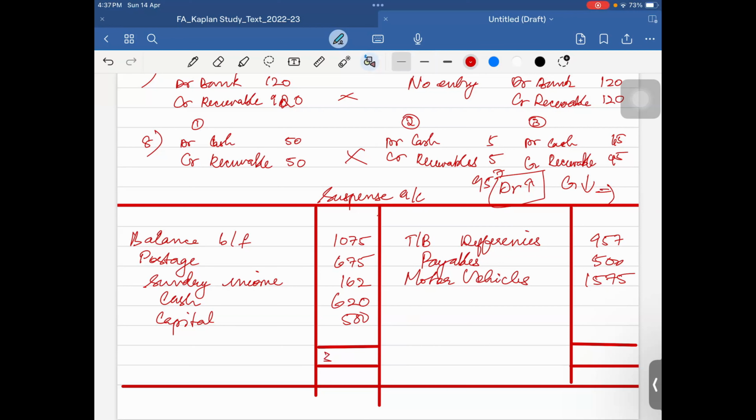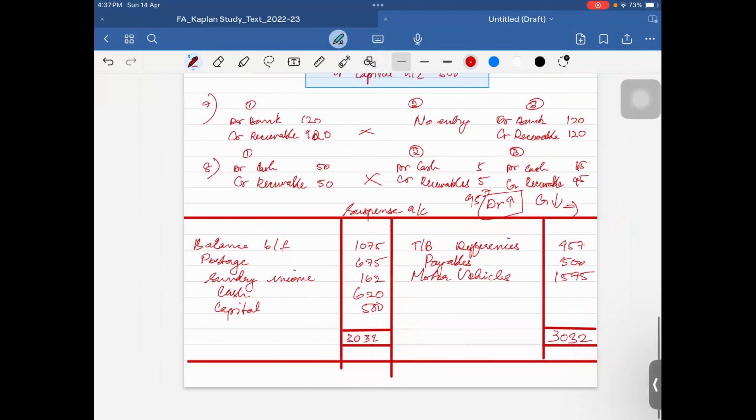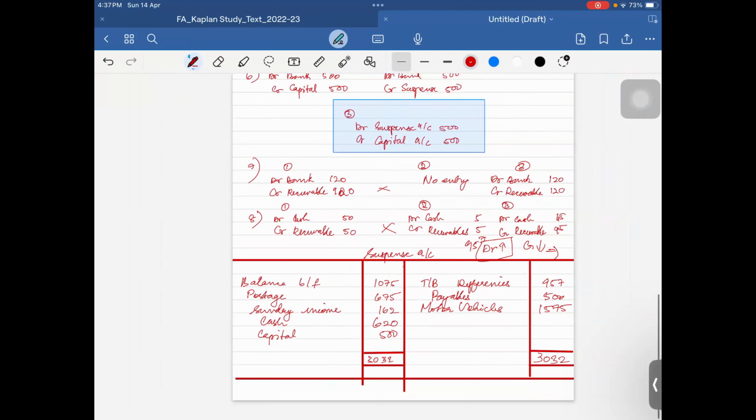This is 3032, right? Here 957 plus 500 plus 1575. 3032. So we have done everything right. Clear? Understood?